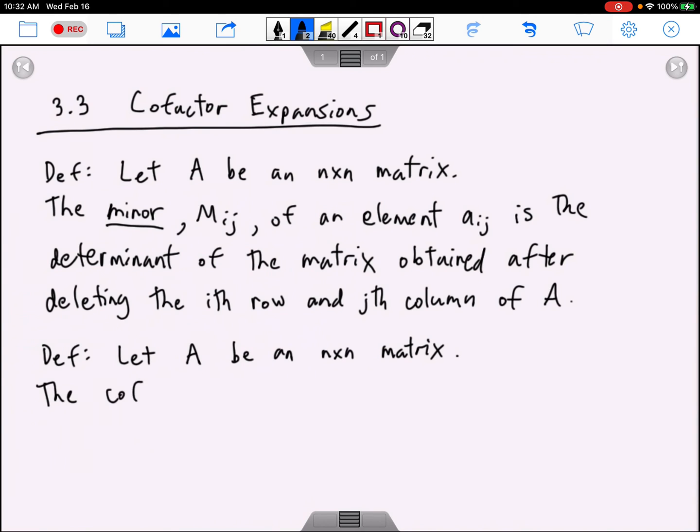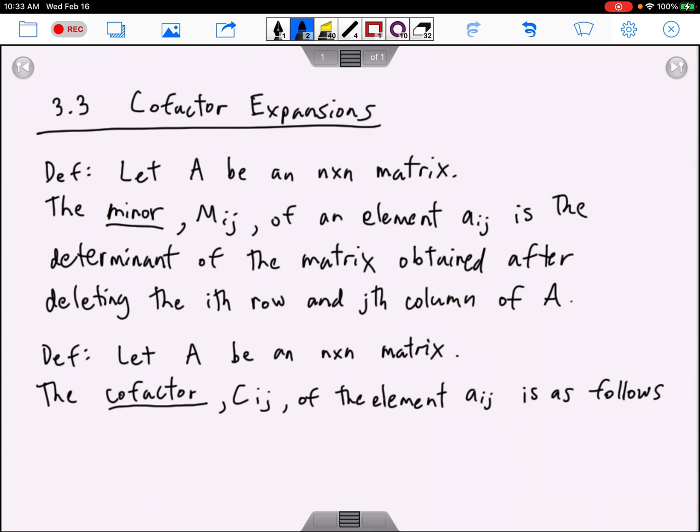The cofactor, which we abbreviate Cij, of the element Aij is as follows.